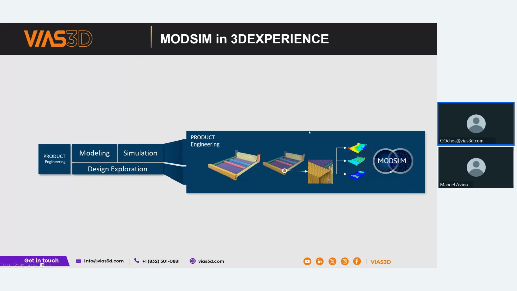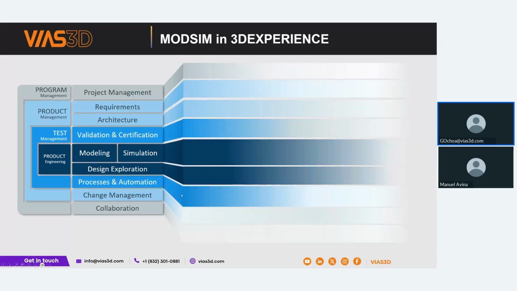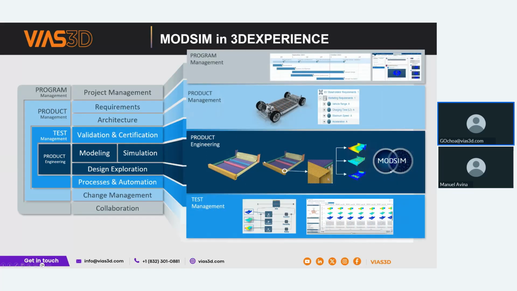Now, MODSIM has multiple layers. We're going to be focusing on the core MODSIM, which is just capturing the design and simulation workflow. But there are other layers, such as validation and certifications or process automation, where since everything is already connected, we can automatically execute design exploration jobs. We can automatically match the simulation outputs.